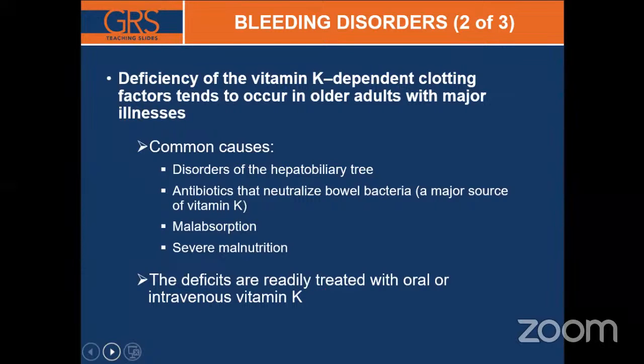The common causes of vitamin K deficiency are disorders of the hepatobiliary tree, antibiotics that neutralize the bowel bacteria, and the bowel bacteria are the major source of vitamin K. Or malabsorption, and lastly, severe malnutrition. The defect or deficiency in vitamin K is treated by oral or intravenous vitamin K replacement.